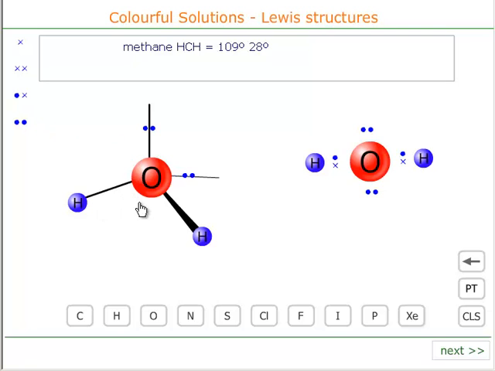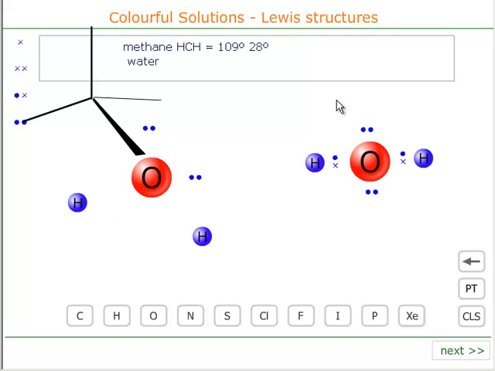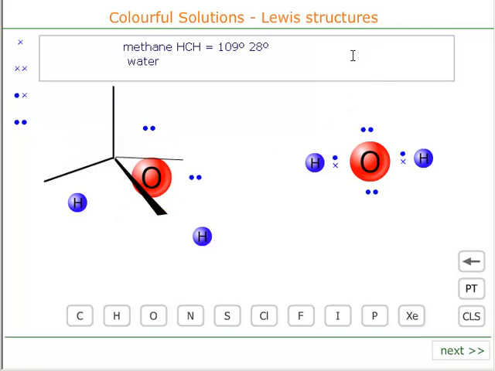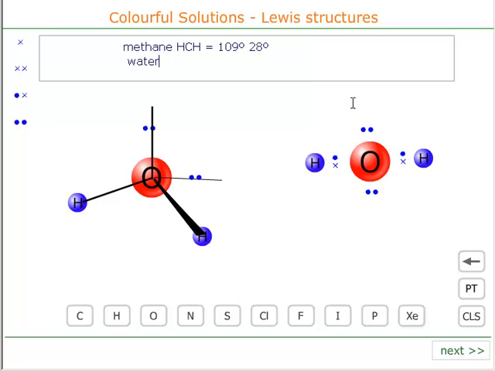In this situation we would expect the bond angle to be 109.28, the same as methane. But in fact the water bond angle is going to be squeezed together by the effect of 2 lone pairs, which repel the bonding pairs more than the bonding pairs repel each other.